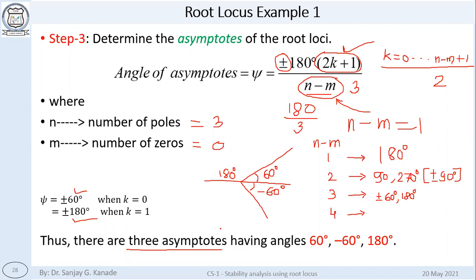What actually is happening is the S plane is getting divided. When there was 1 asymptote, it is 180 degrees, so a horizontal line. When there are 2 asymptotes, there is a division like this, vertical. When there are 3, you are getting 3 equally spaced, right?